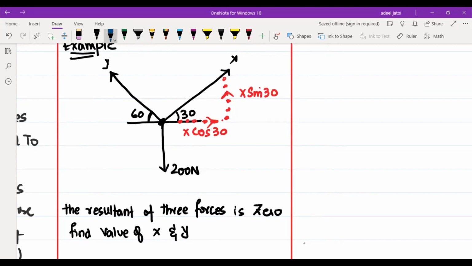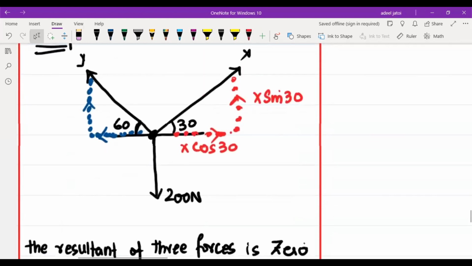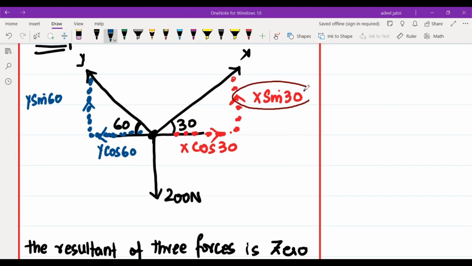Similarly, on the other side, there's a force going towards left and a force going up, which are y sin 60 and y cos 60. So in short, there are a total of two forces acting upward, one, two, and one force acting downwards.